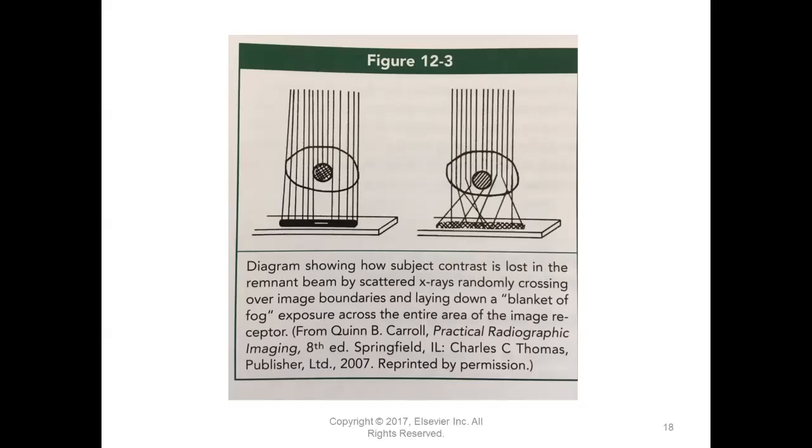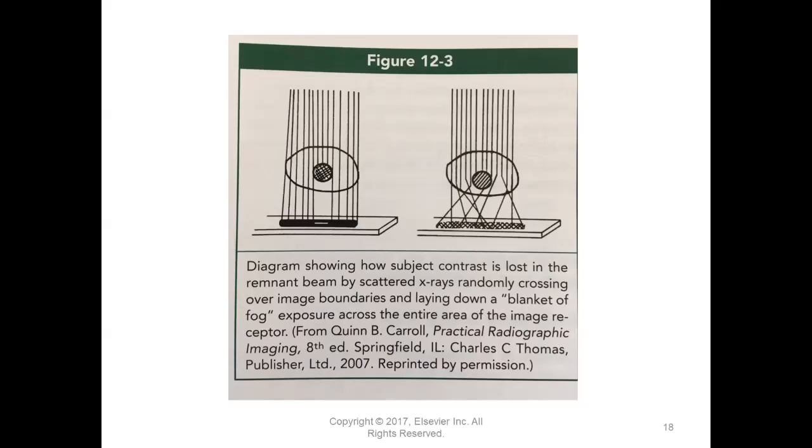Denser anatomy in the center is still absorbing more, and you're still getting a fair amount of transmission. But along with that signal, all kinds of scatter strikes are going to fog up your image. So it is eating away at the subject contrast in your remnant beam.